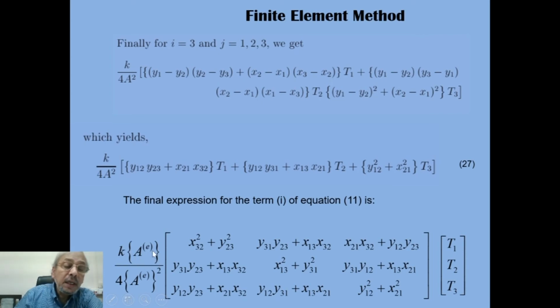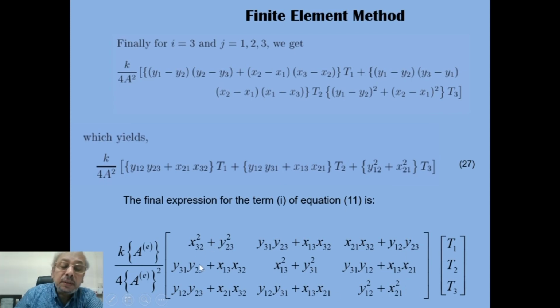K multiplied by the area of the triangle divided by 4, multiplied by the area of the triangle, meaning the area of the triangular element, square, and these are the different terms of the matrix, equivalent to, you can say, A11, A12, A13, A21, A22, A23, A31, A32, A33.